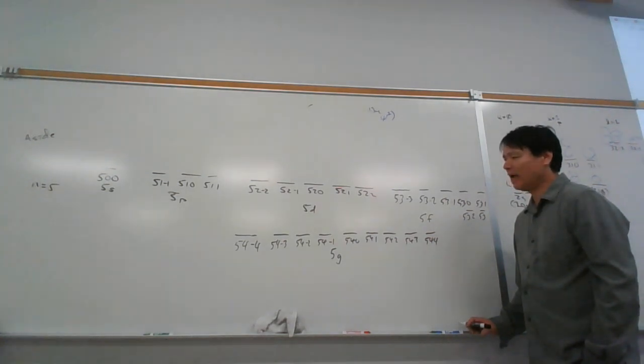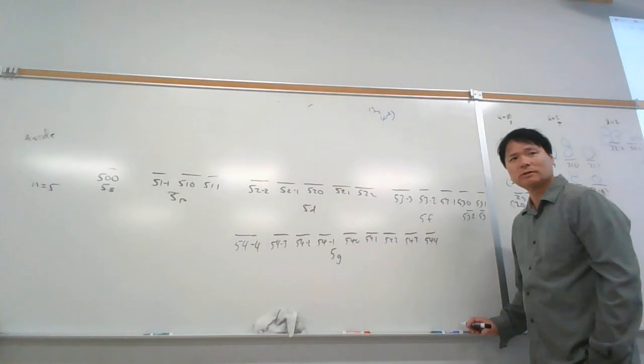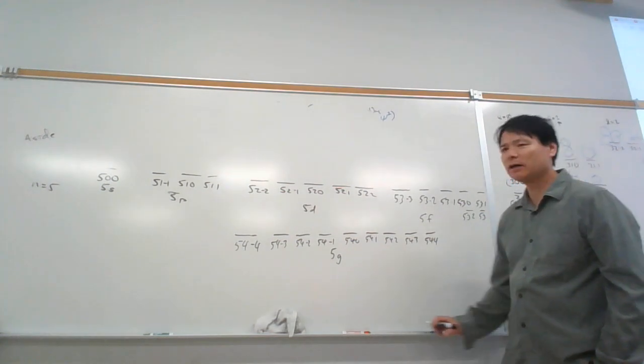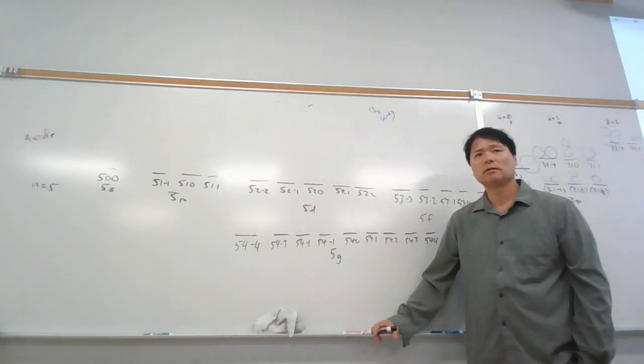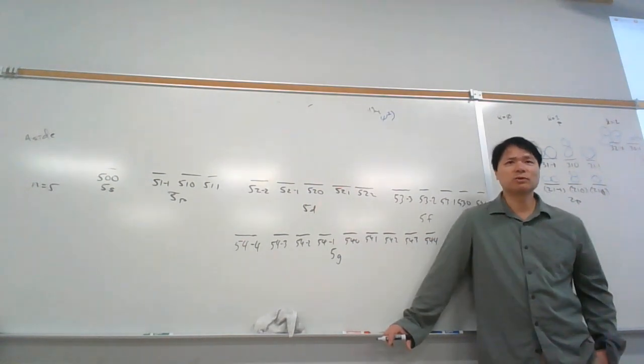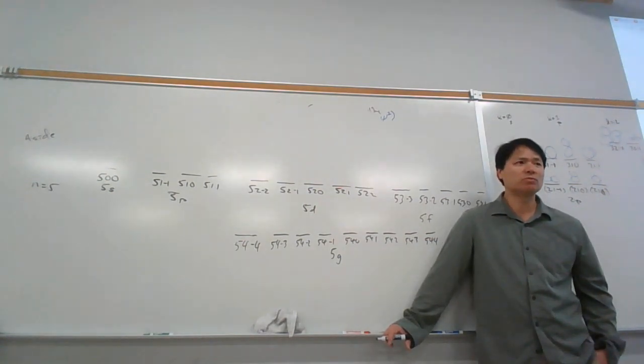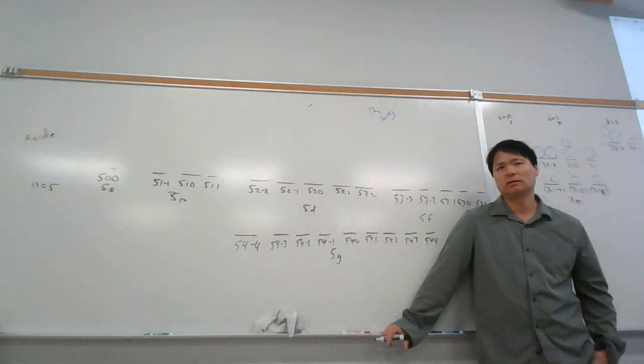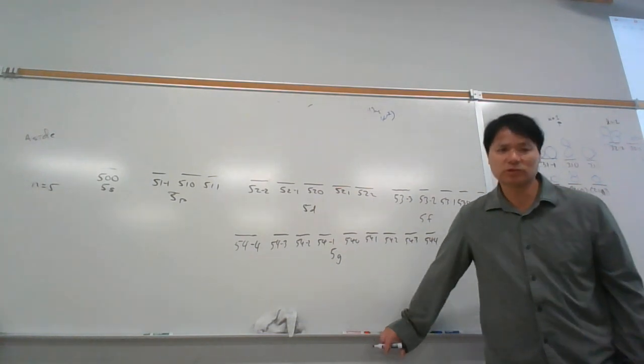Okay, what about 5h? Would you expect 5h orbitals to exist? No, because that would violate n minus 1. Where does the n minus 1 come from? What was the name of that equation, or the person? The Schrodinger equation.